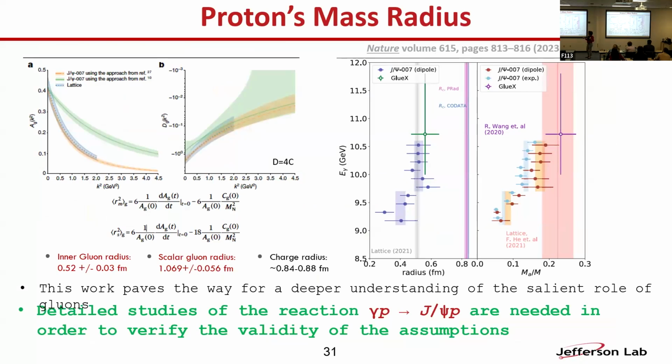We use this data to extract A and C, and at the end, using the formula that I showed you, the mass of the proton.